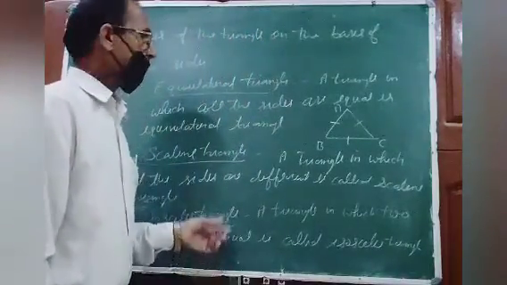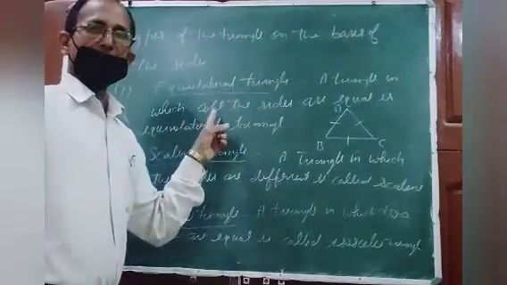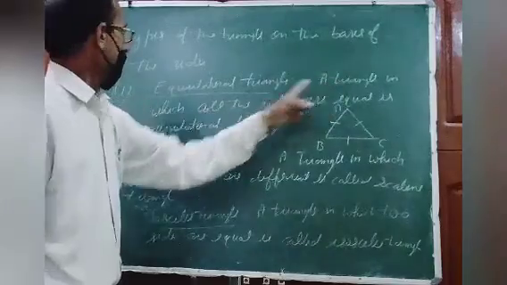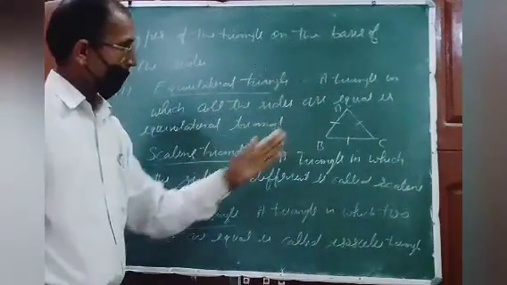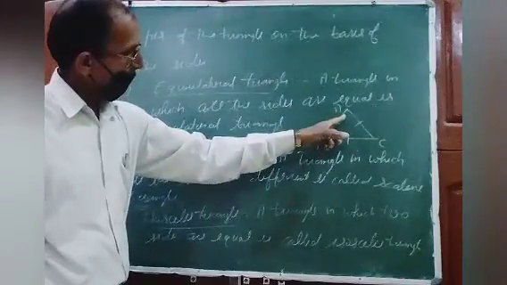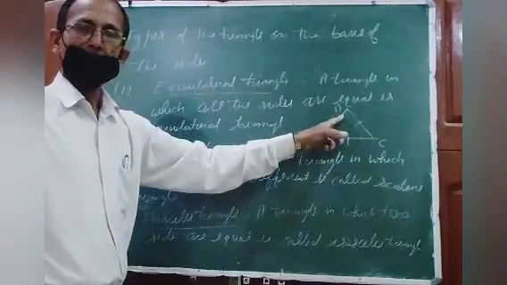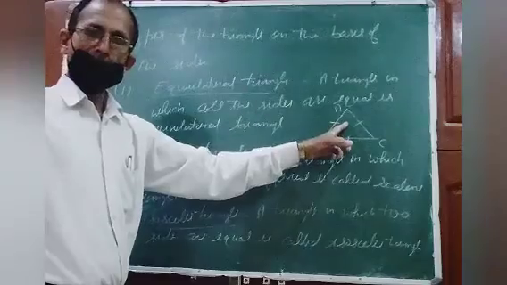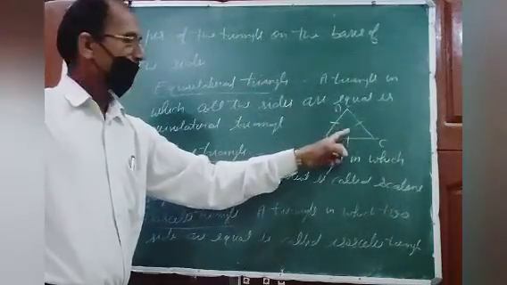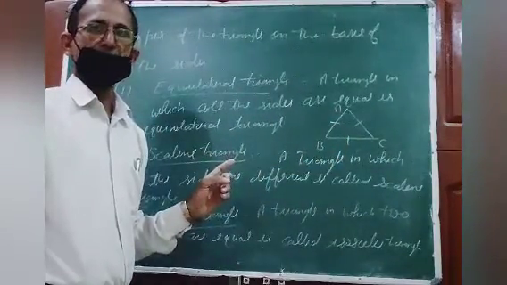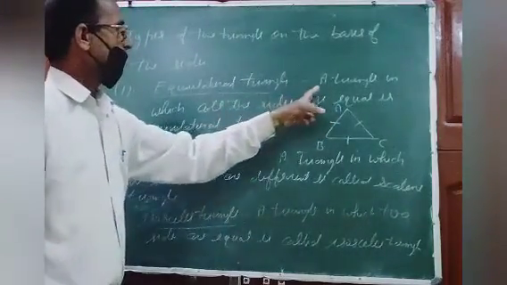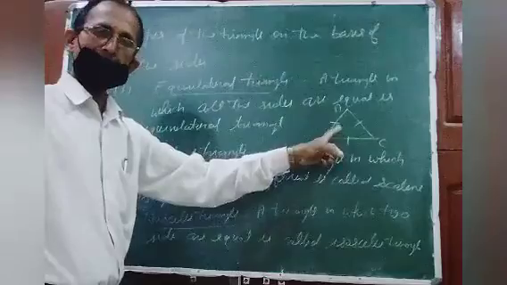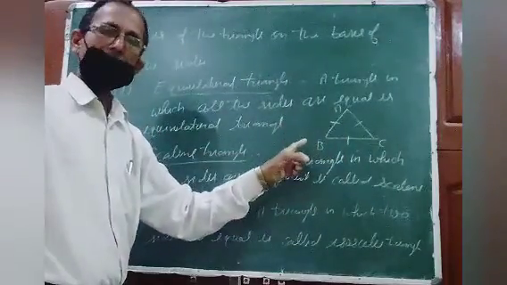Yes, I am repeating again. First type is equilateral triangle. A triangle in which all the sides are equal is called an equilateral triangle. It means the angles of an equilateral triangle will be equal and the measure of each angle is 60 degree. So an equilateral triangle has all the sides equal and all the angles also equal.